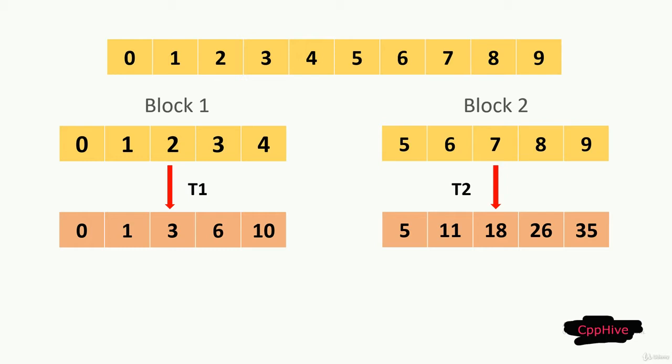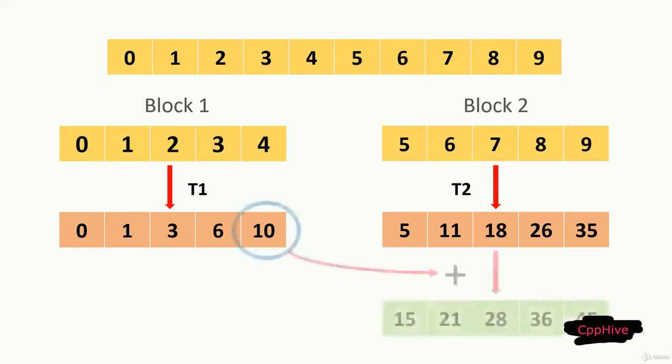Notice that the sum of all the values in the first block is equal to the value of the last element after we perform the scan algorithm on the first block. So if we can transfer that element value to the second thread, then we can add that value to each element in the output from the second thread and get the correct results.